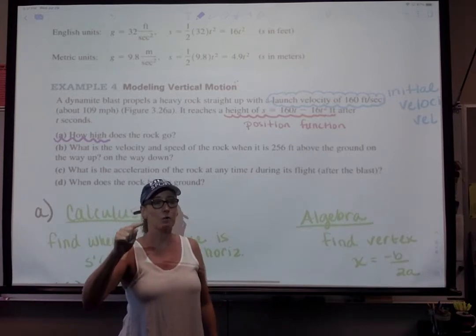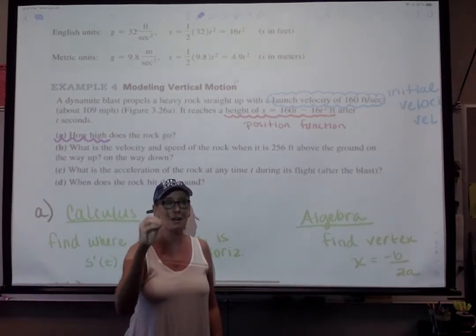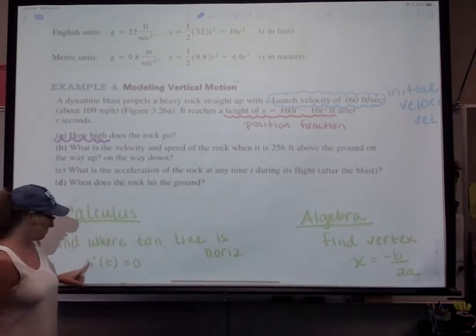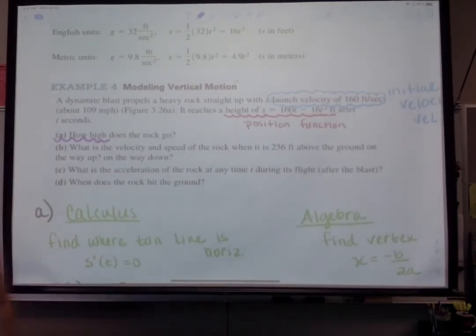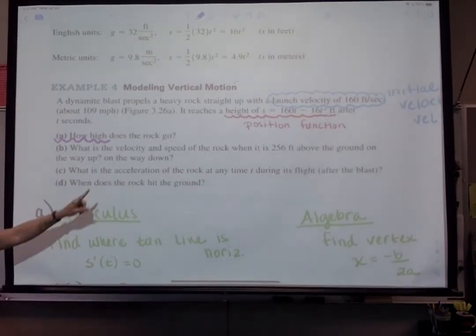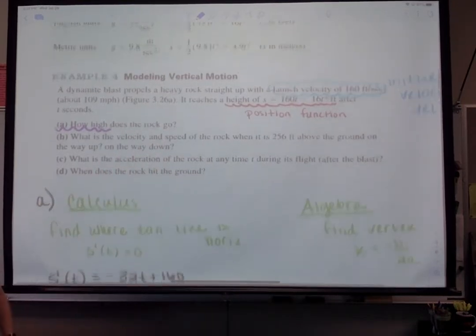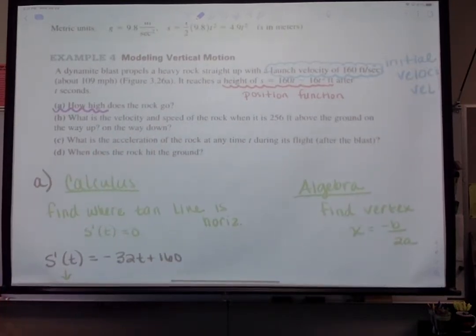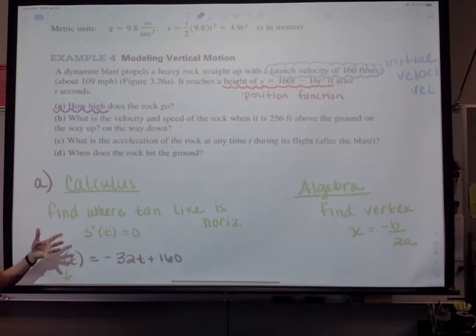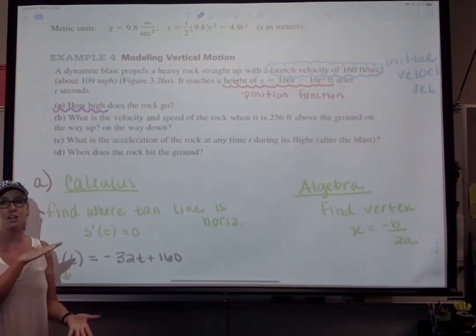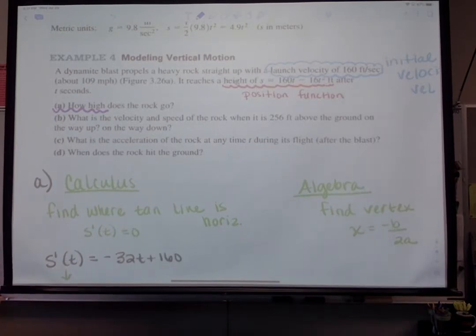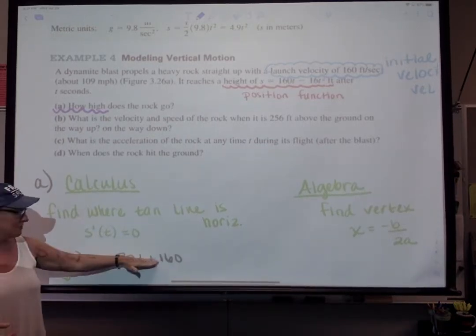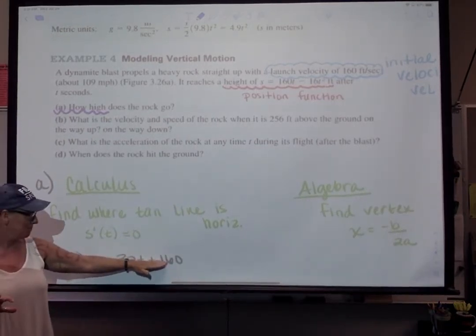How about let's find where my velocity is 0. So I used my position function and I took the derivative of it. This is my velocity. You can label it S prime, you can label it V, doesn't matter, whatever you want. So here's my velocity function for any time.